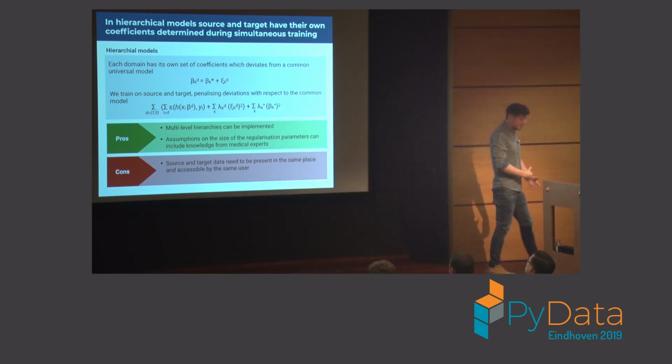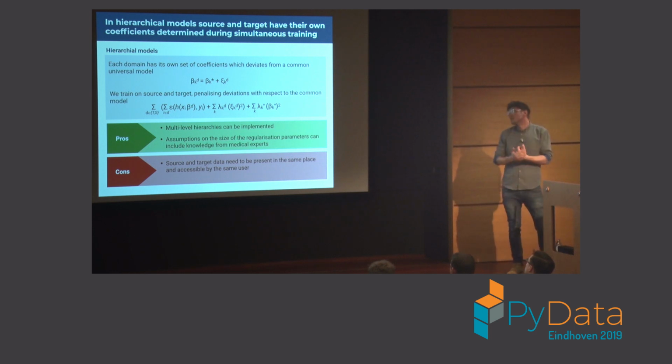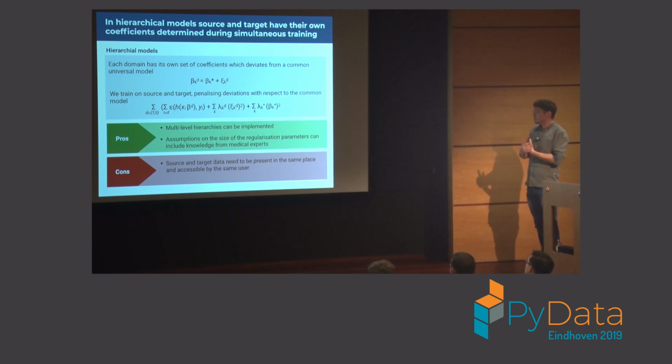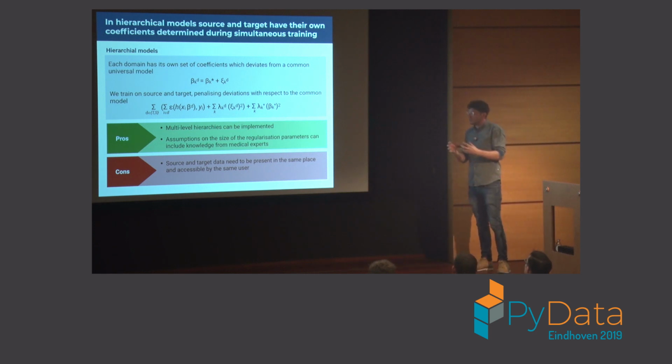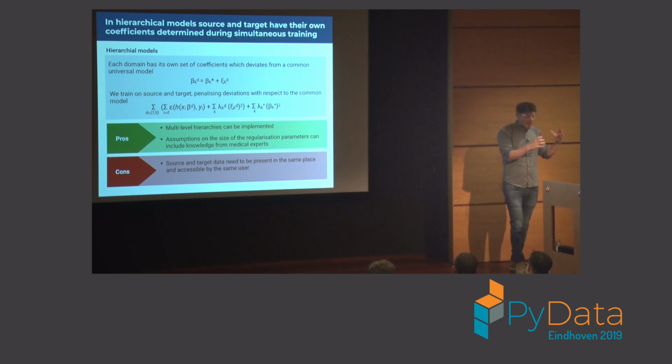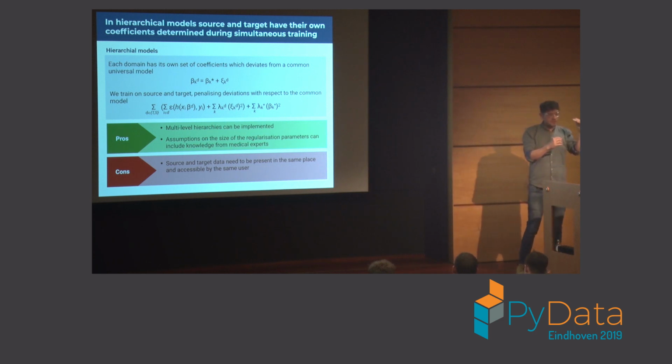And there are a lot of benefits for this class of models. One is that you can not just include two domains, but have a whole hierarchy of domains. The other one is that this is very easy to encode things like the concept shift, because now every signal that we measure will have its own set of coefficients that are domain dependent.